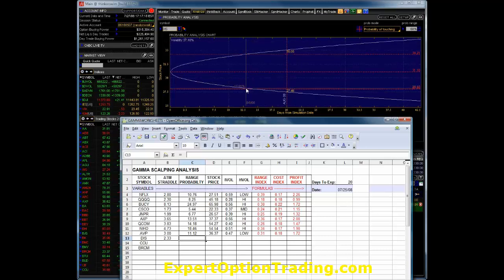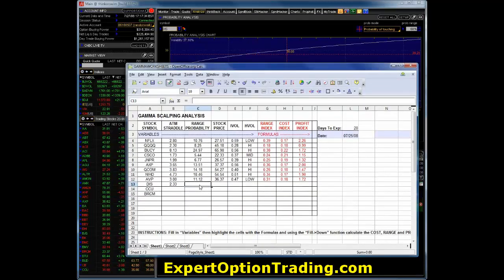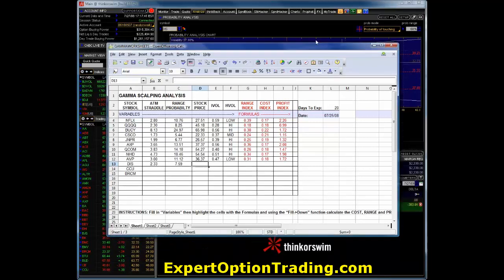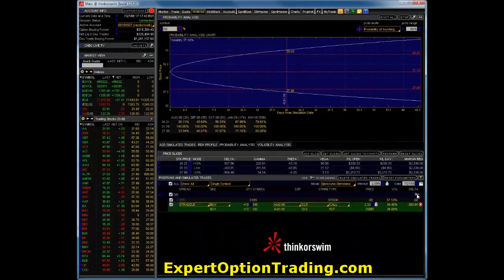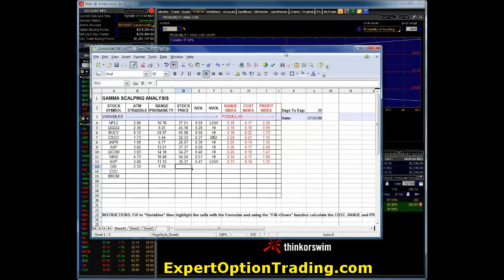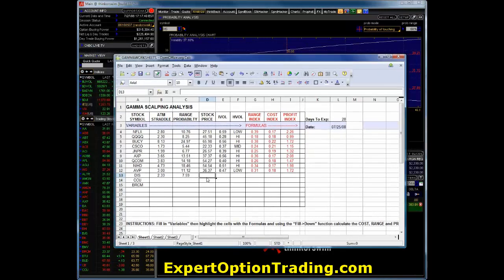If we take those two numbers and subtract them from each other, it gives us a range of $7.59. So we can go ahead and include this in our worksheet. The current stock price is $31.10. We'll just include that.